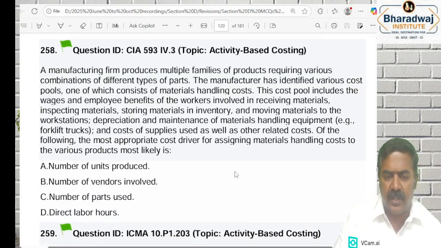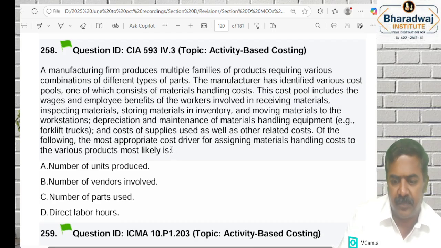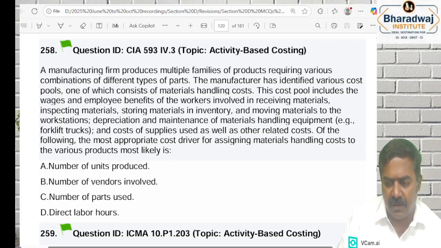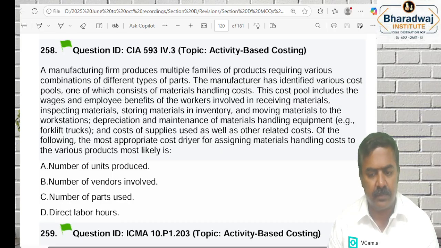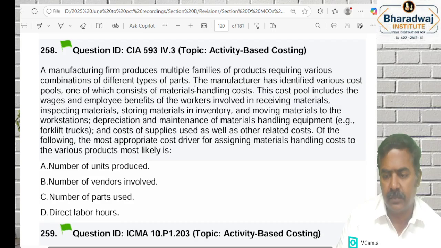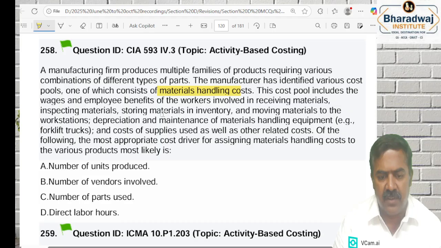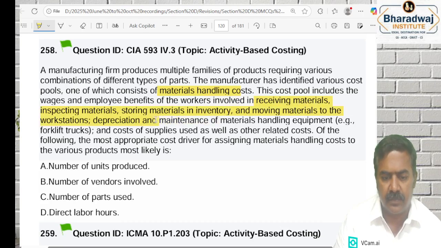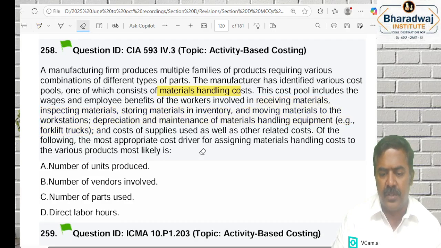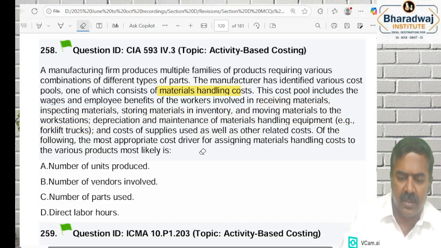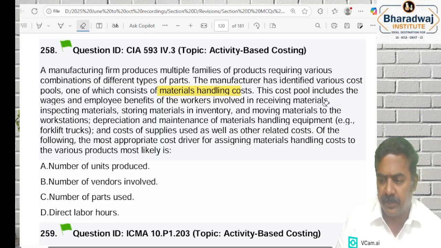Go to question number 258. Read the question, then we will solve. One is material handling cost. Employee benefits of the worker and receiving the material, inspecting and storing the material, moving the material, etc. So all these are dealing with the physical quantities.